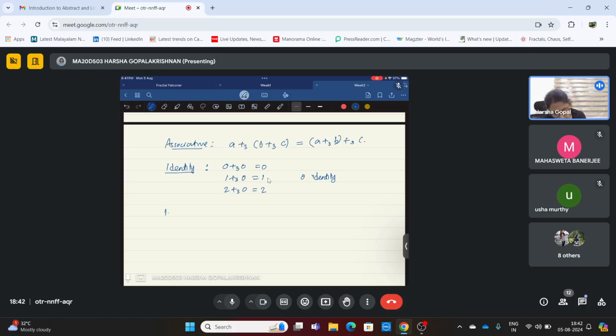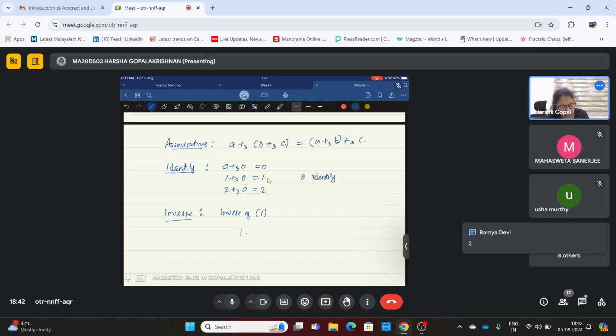Now the thing is the inverse. 0 is the identity, so leave the 0 case for now. First, tell me the inverses of 1 and 2. What is the inverse of 1?